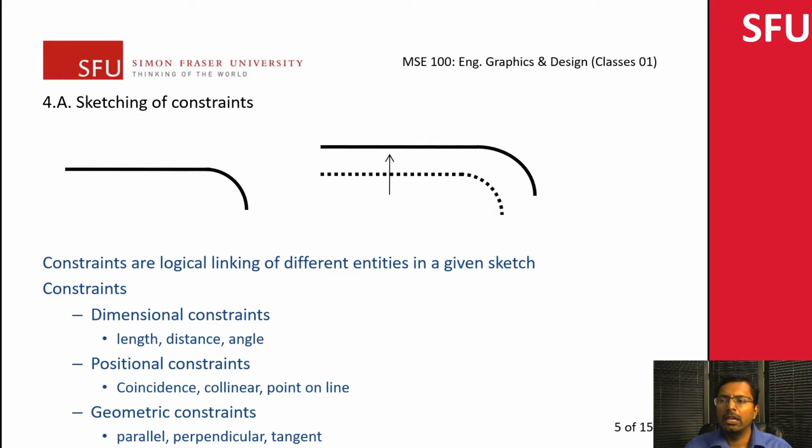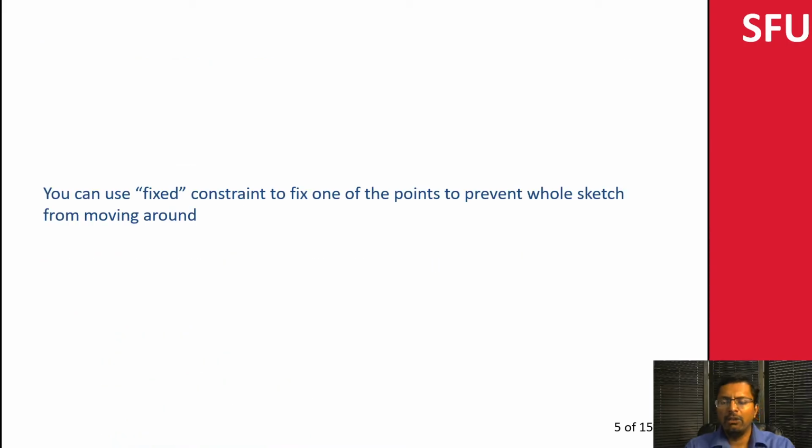So those would be the constraints that you have. Another one is known as a fixed constraint, where you're saying that the whole sketch doesn't really move or do anything. It's kind of in place.